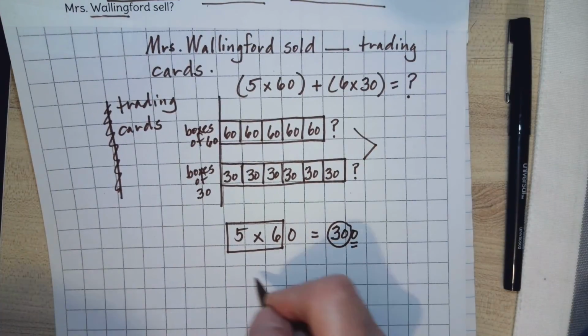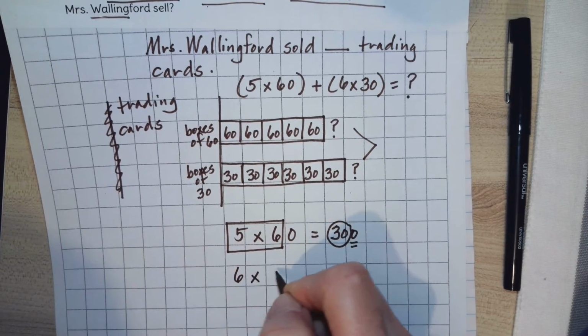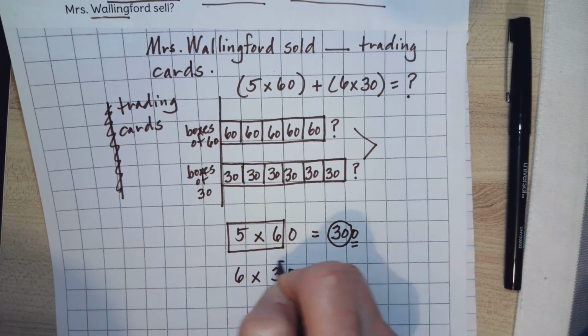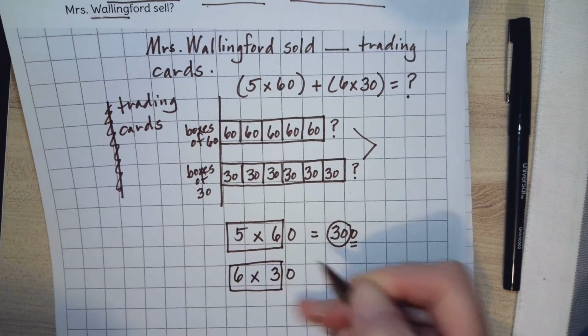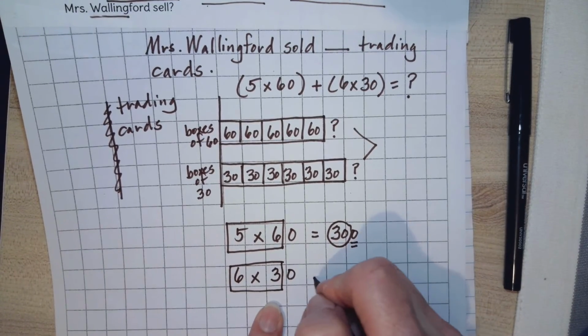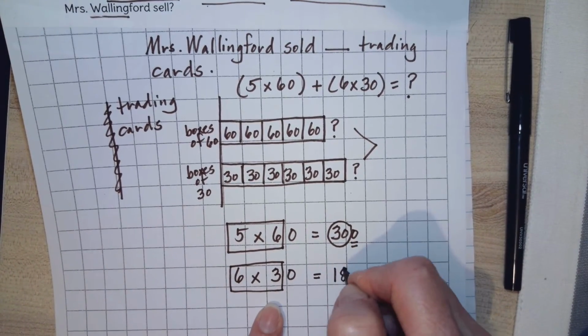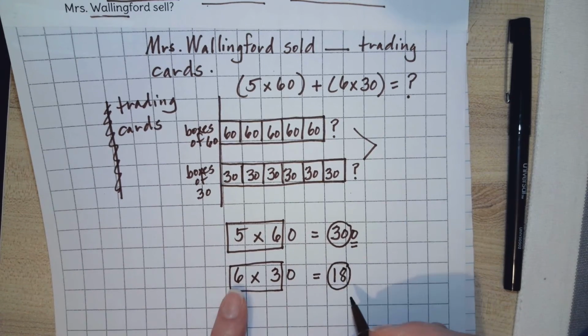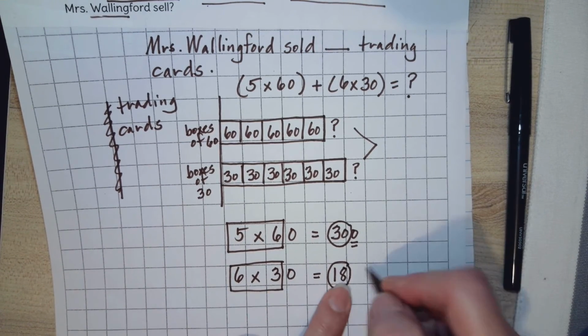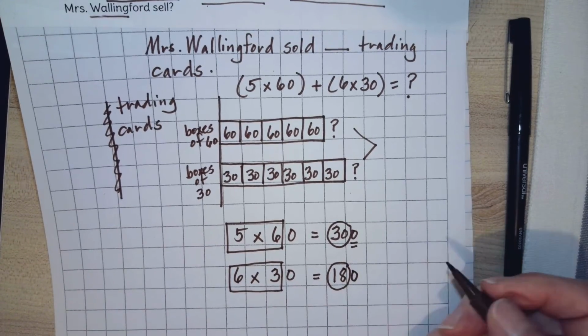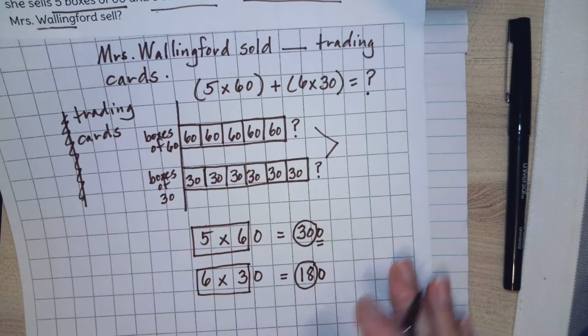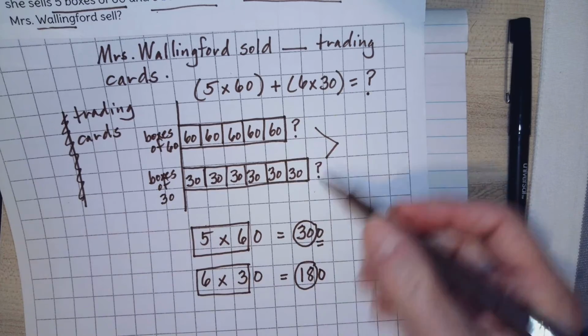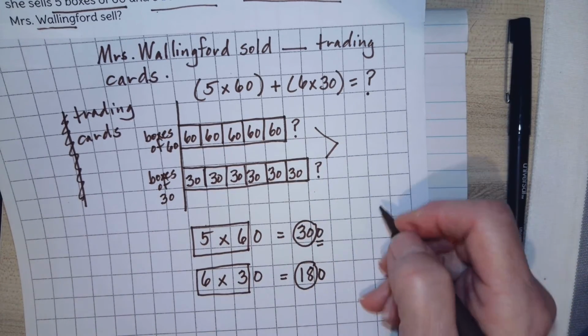Okay, and I'm going to do the same for 6 times 30. If I know 6 ones times 3 ones is 18 ones, then 6 times 3 tenths is 18 tenths, or 180.